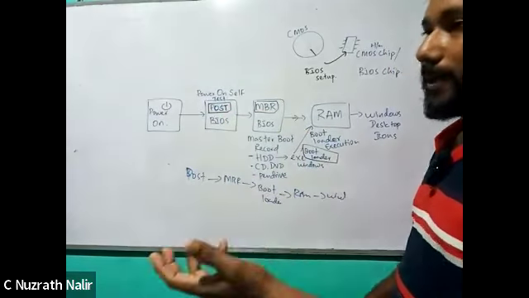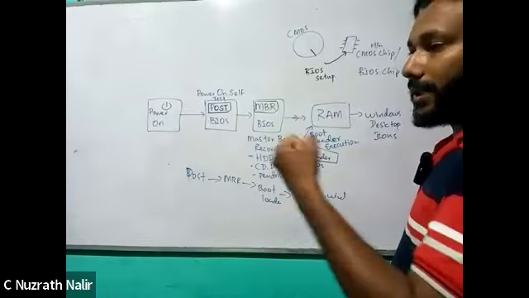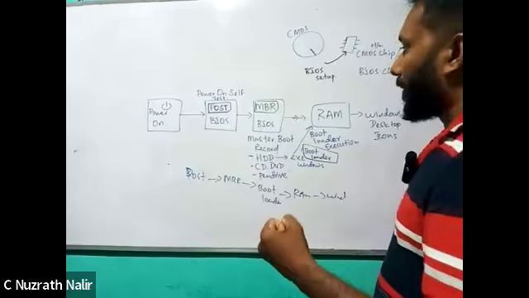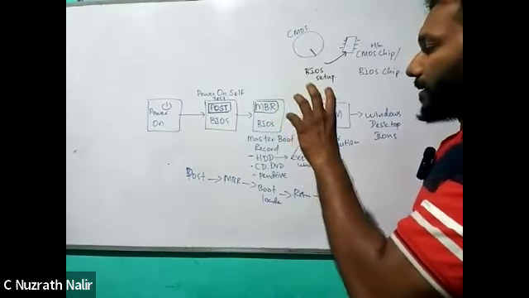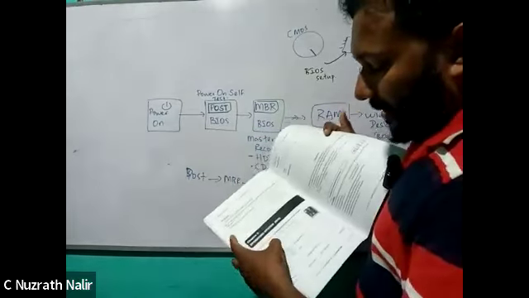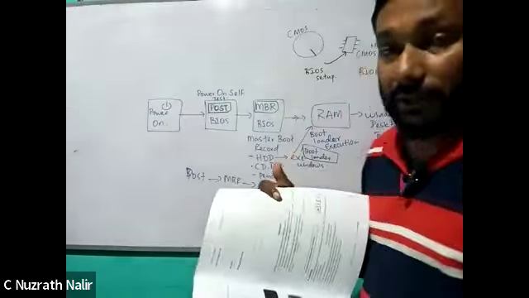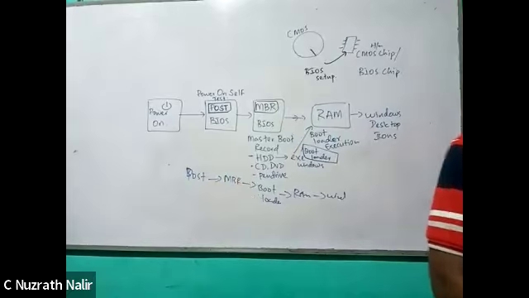There is no privilege to write. You only have permission to access those things. These are the examples, and maybe you can copy this, my dear students. Here are the steps: boot instructions stored in the ROM and so on. Please take this note.